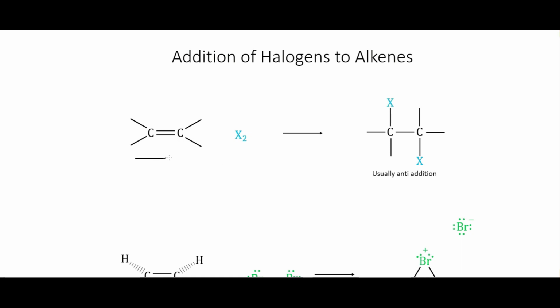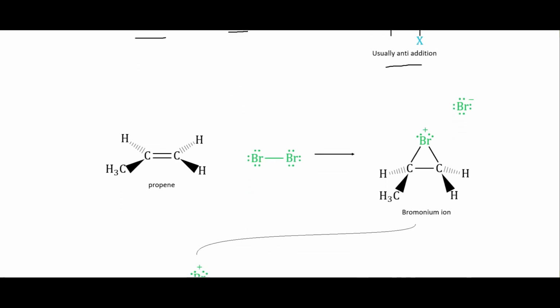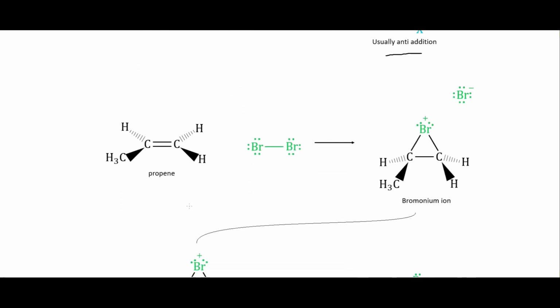where we have our alkene, we have our halogen, and this then forms usually with an anti-addition, and we'll see why that's the case in just a second. So we start with something like our 1-propene here.